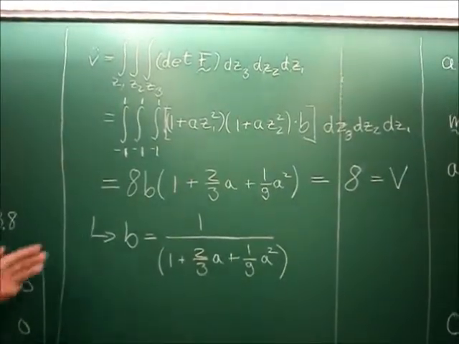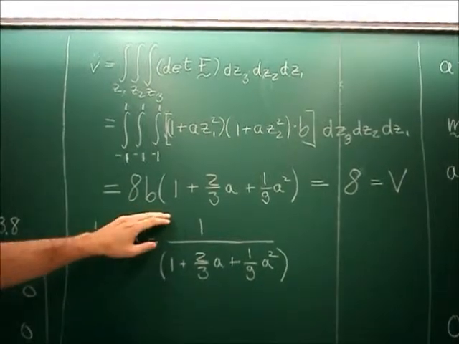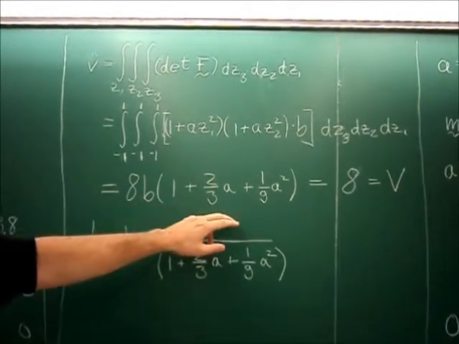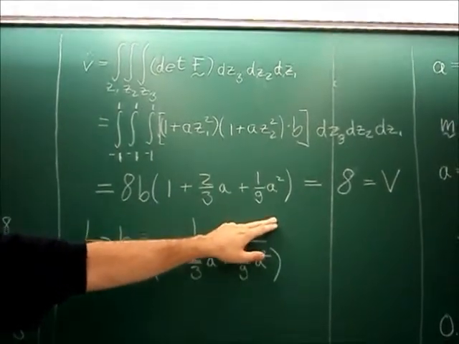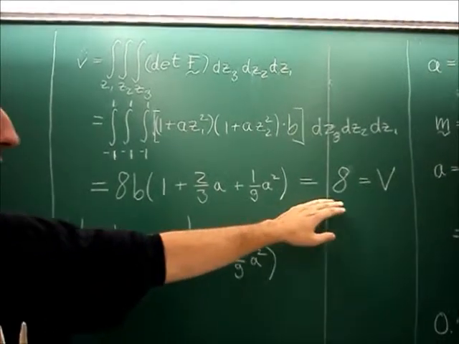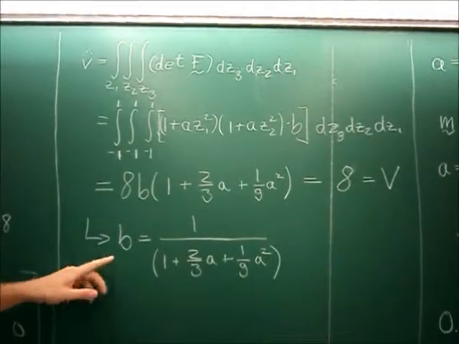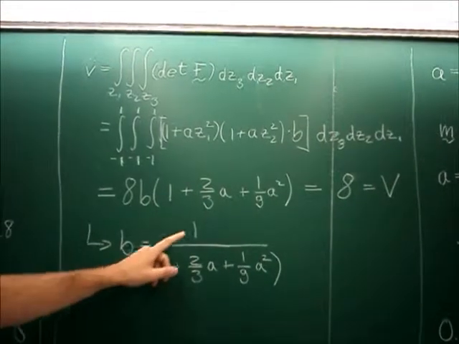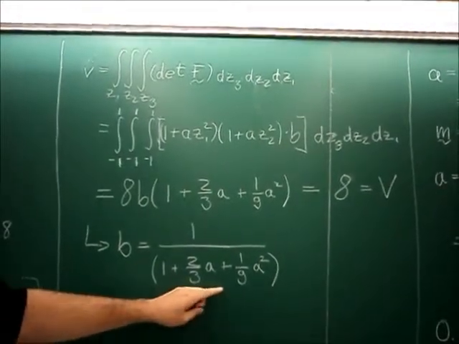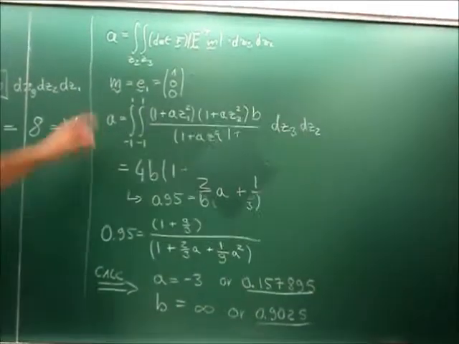After integration, we get 8b times (1 plus 2/3 a plus 1/9 a squared), and this is equal to our initial volume, which is 8. Solving for b, we get b equals 1 over (1 plus 2/3 a plus 1/9 a squared).